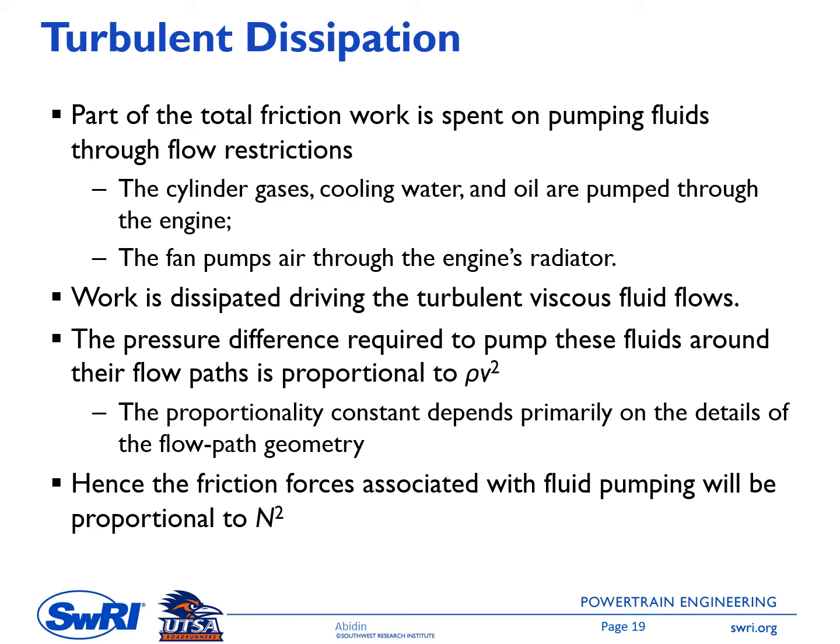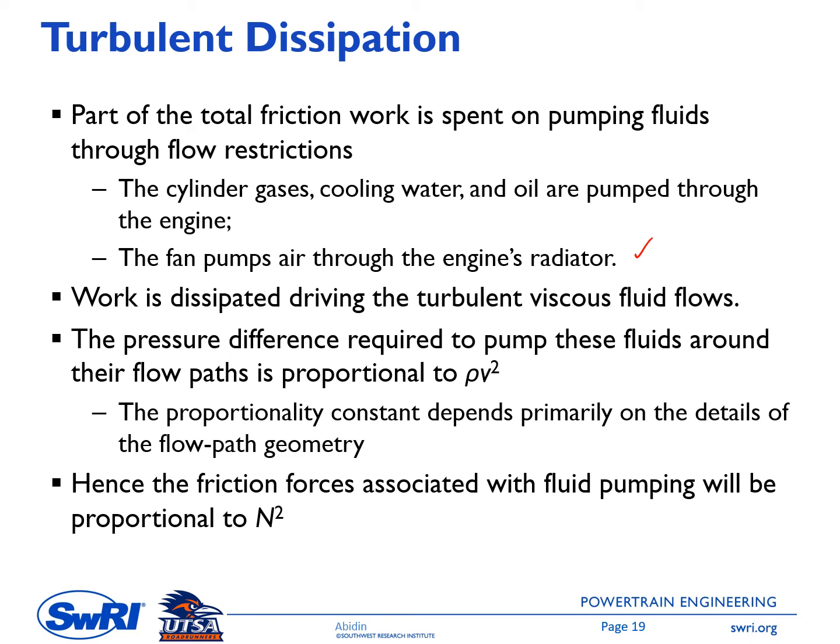The next type of friction work is turbulent dissipation. Part of the total friction work is spent on pumping fluids through flow restrictions. The cylinder gases, cooling water, and oil are pumped through the engine, and there will be flow losses along the passages. And we also have a fan that pumps air through the engine radiator.